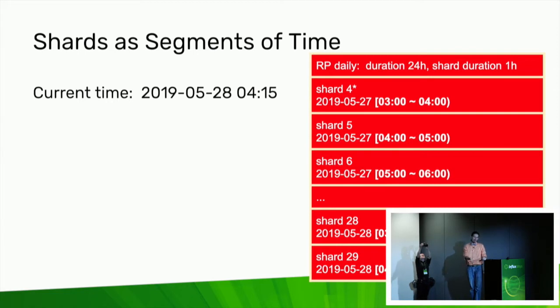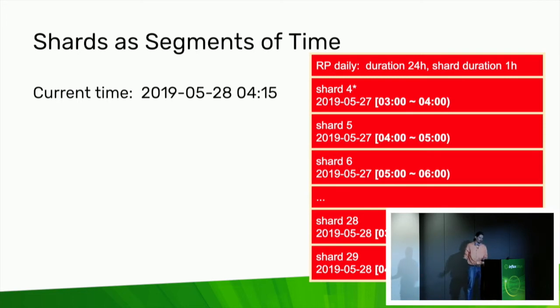And then shards 28, 27, 26 are starting to go cold, so we're doing more efficient compactions, what we call full compactions, to get that data as small and compact as possible on disk. And then shard 4 is about to go away because shard 4's time range is more than 24 hours ago.